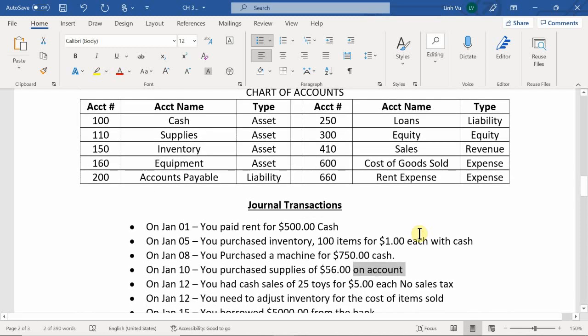So let's take a look at my chart of accounts. Do I have supplies on here? Yes, I do. Do I have an accounts payable? Yes, I do. So in this case, I'm going to be using supplies and accounts payable. So account number 110 for supplies and account 200 for accounts payable. Now in this case, did I increase my supplies or decrease it? Increase.